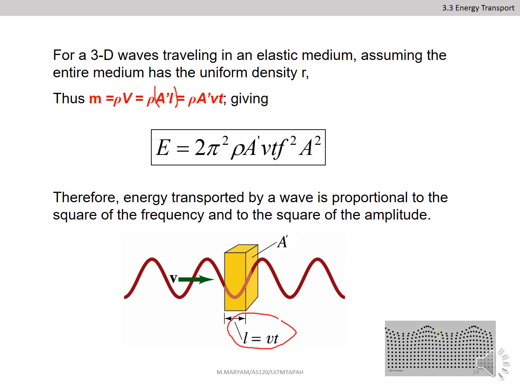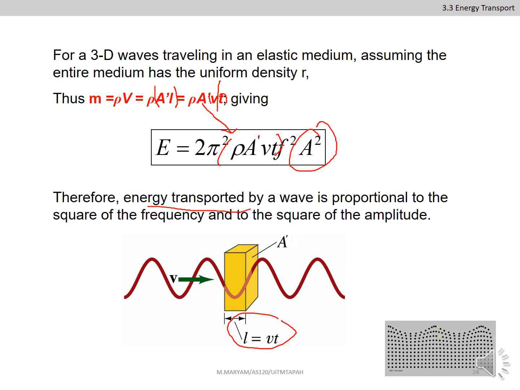If L is not given, we substitute L with L equal to vt, representing the length. Substitute all this into m in the equation of energy. So the energy equals 2 pi squared rho A prime v t f squared A squared, where v is velocity and A is the amplitude.